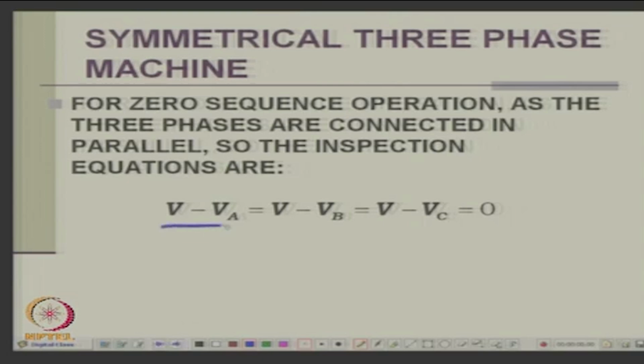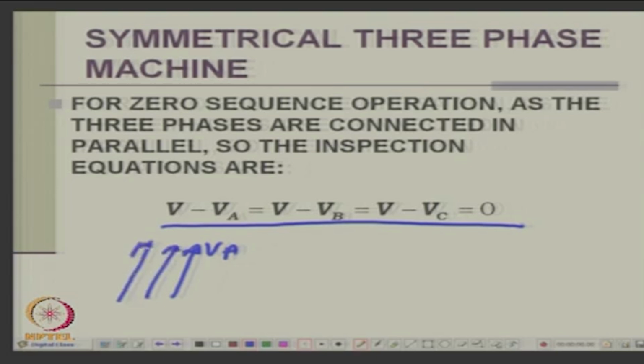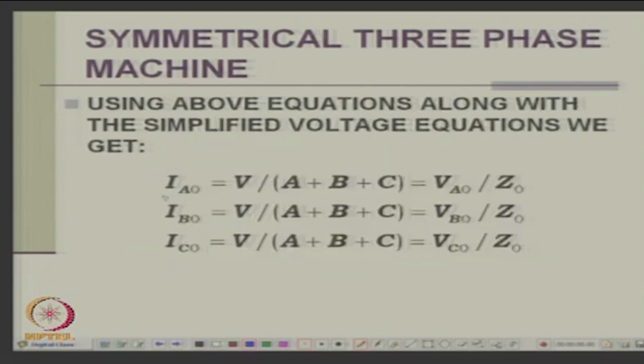Now, just one second. We can also complete with 0 sequence. 0 sequence, what you have said, is all are the same: VA, VB, VC. Therefore, VA equal to VB equal to VC equal to V, and the same thing will give rise to the 0 sequence currents.